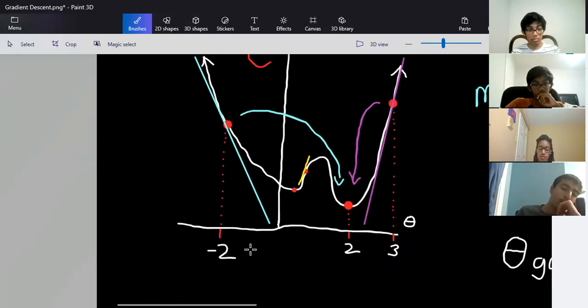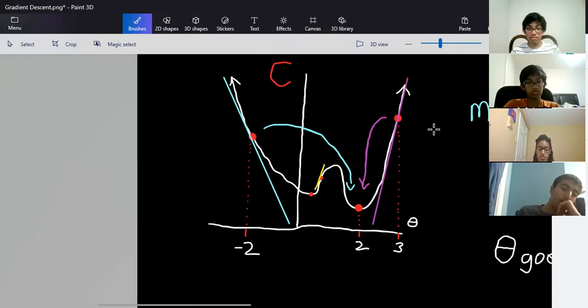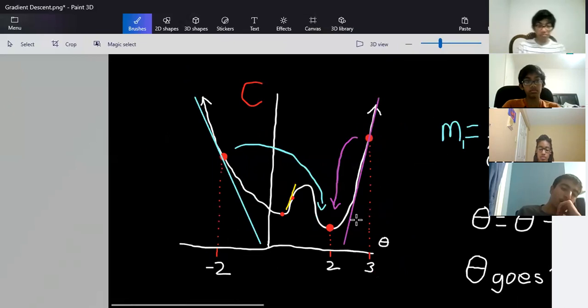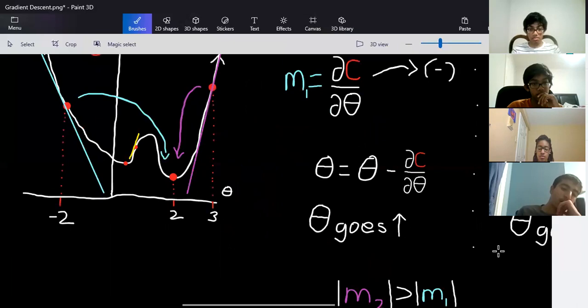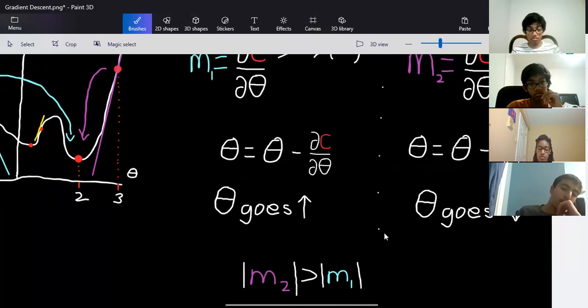So maybe you just increase here by 0.1. Over here you went down by 0.5. Over here you went up by 0.1. So the magnitude of the derivative does matter. It determines how much theta goes up or down by. Make sense?